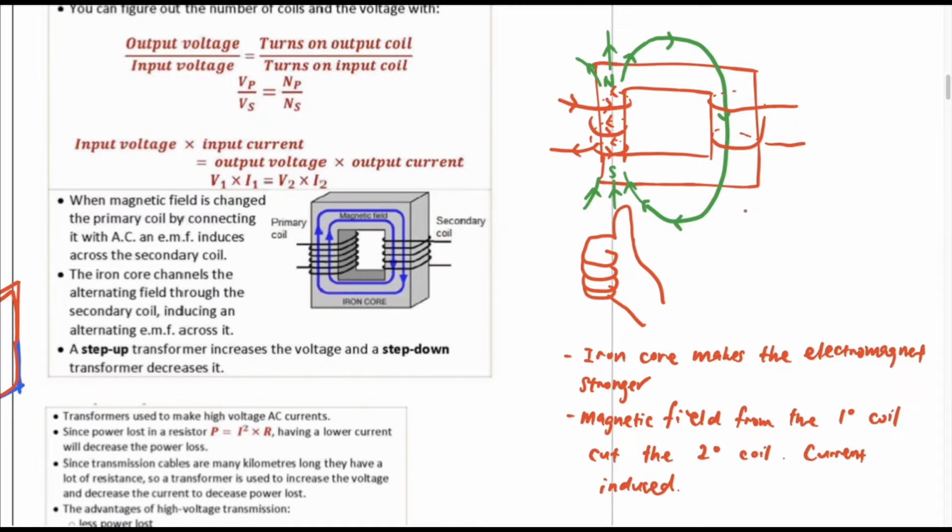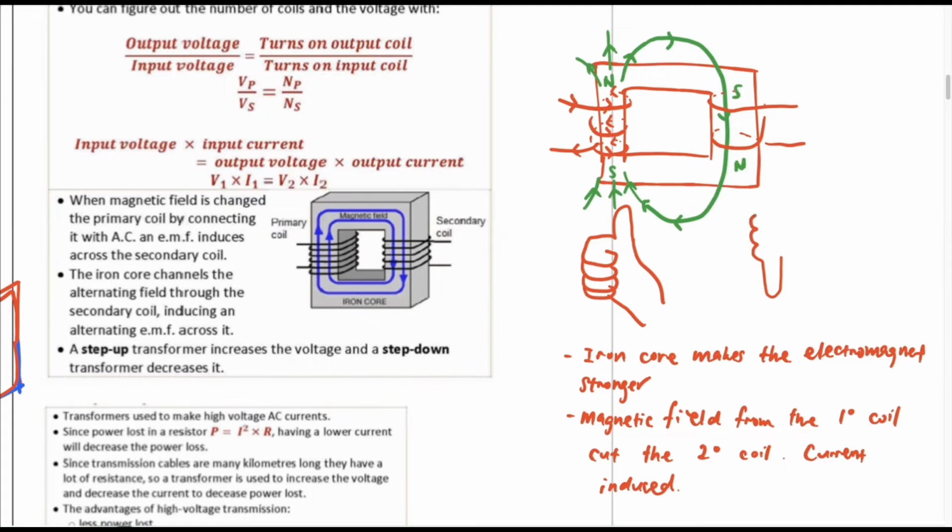So if you want to know in what direction the current is, you have to use the right hand grip rule again. In this case, you see the arrow is going down. So if the arrow is going down, that means here is going to be the North Pole, and here is going to be the South Pole. So you make your thumb point downwards, and then your four fingers will be like this.